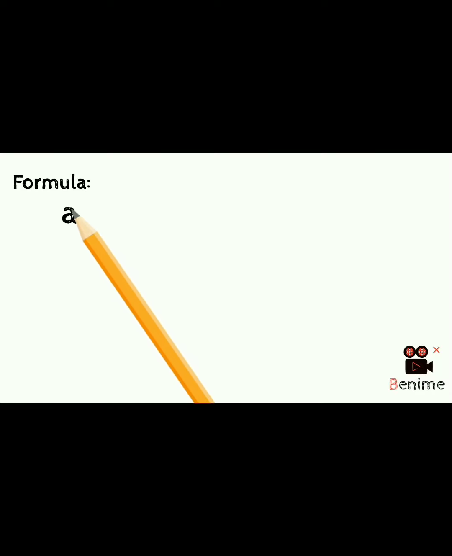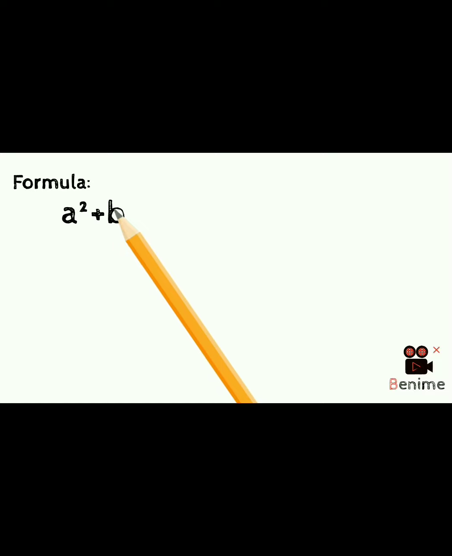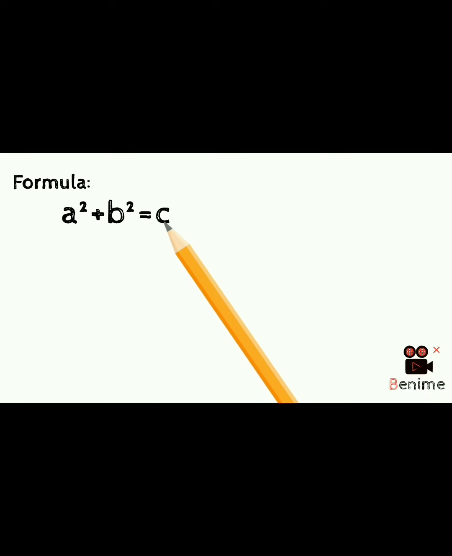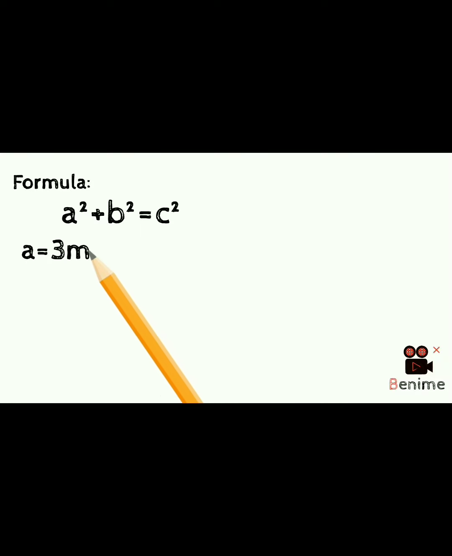We have here the formula a squared plus b squared is equal to c squared, wherein a is equal to 3 m, b is equal to 4 m, and our c is still unknown.